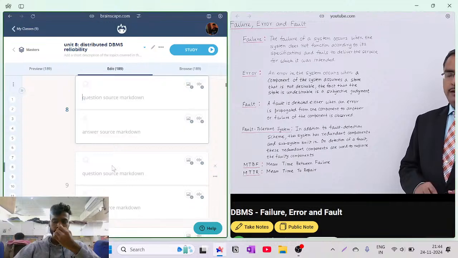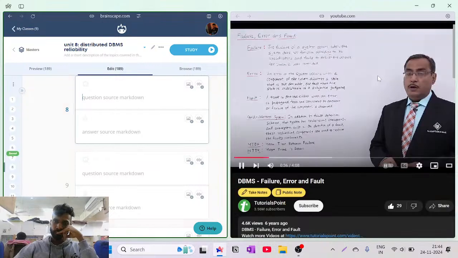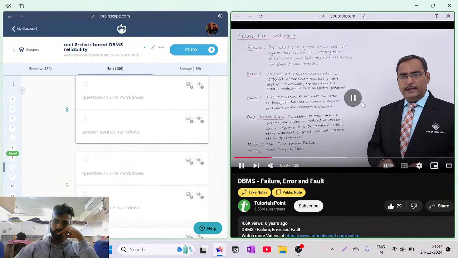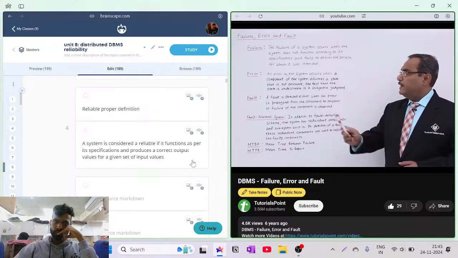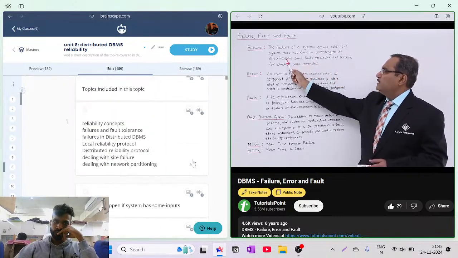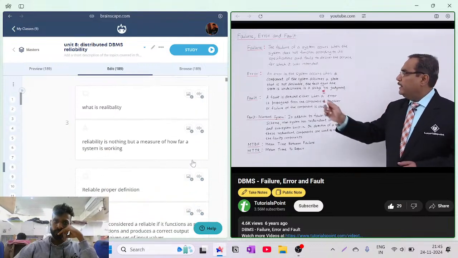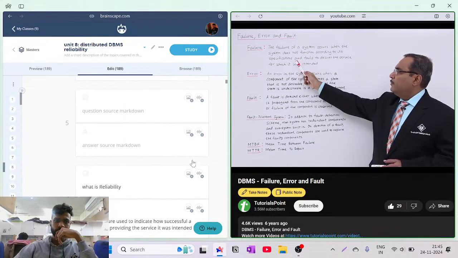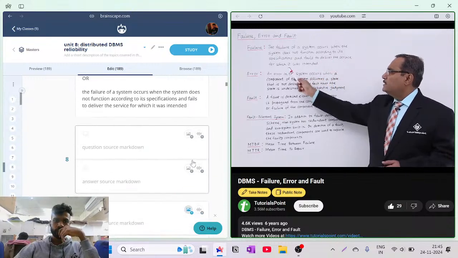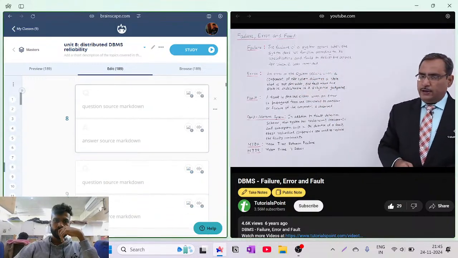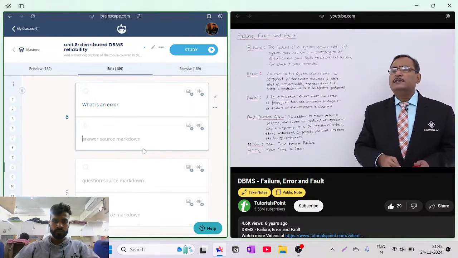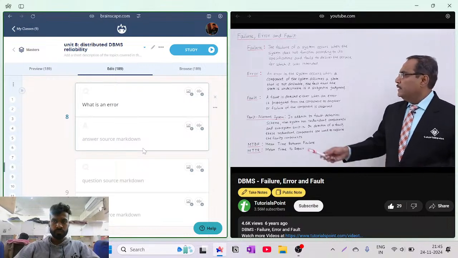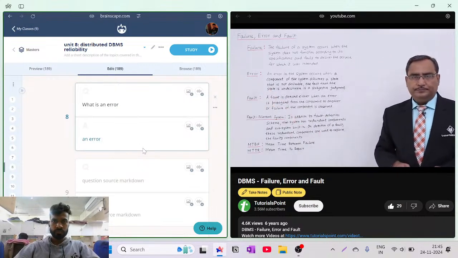Each and every system will take some inputs and produce some outputs. But whether the outputs are meeting with the pre-decided specifications, is it so? When it is not meeting with the pre-decided specifications, and according to specifications, if the services are not provided, then it is called a failure, and it fails to deliver the service for which it was intended. So that is known as a failure, where the service quality is not meeting with the specifications given or decided. Next one, we are going to discuss error.